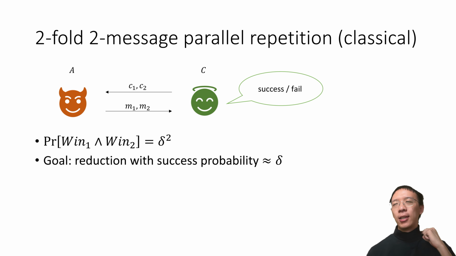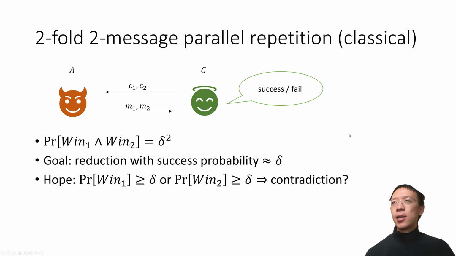Our goal is to come up with a tight reduction, which means that we should come up with an adversary for a single fold whose success probability should be close to delta. One naive hope that you may have is that maybe we can simply say that the adversary either wins fold 1 with probability at least delta, or wins fold 2 with probability at least delta. If that's true, then we will reach a contradiction.